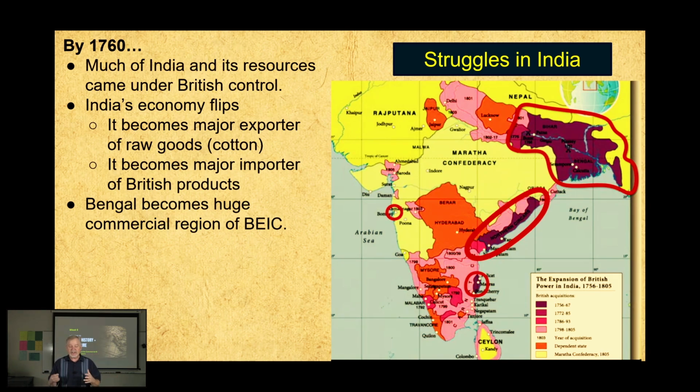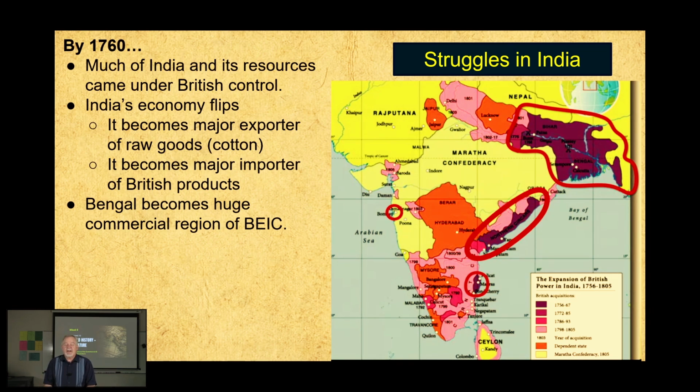life sort of changed and the British came in and took over, the British wanted their commercial industry to be the strongest. So India becomes a major exporter of the raw goods, not the raw goods and the product, just the raw goods. They send the raw goods back to England. England puts it through their manufacturing, puts out clothes and all sorts of things. And then those clothes, those products come back into India.